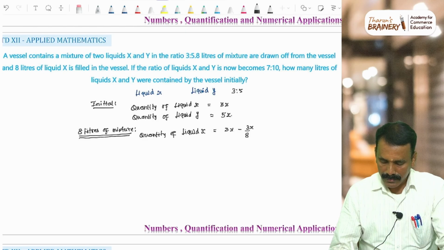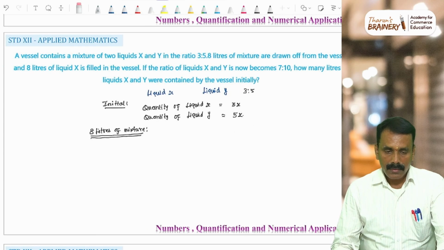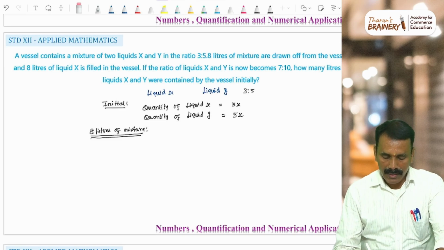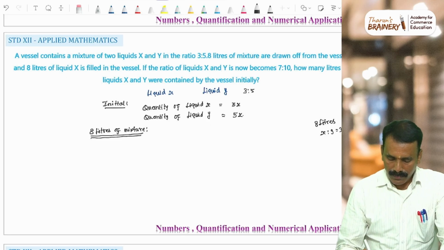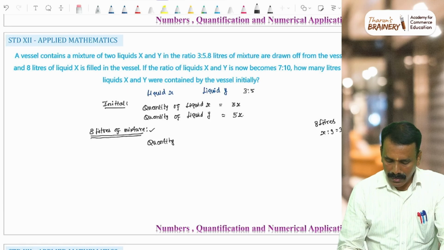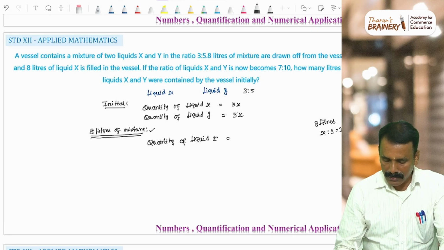Because we are removing 8 liters of the mixture containing X and Y in the ratio 3:5, after removing 8 liters of the mixture, quantity of liquid X will be equal to 3x minus 3.